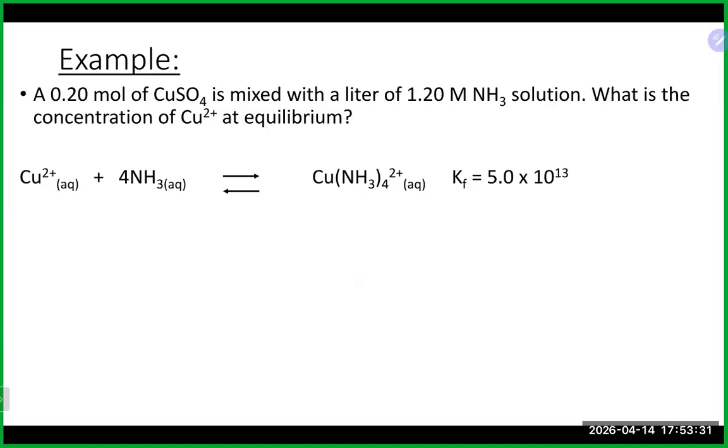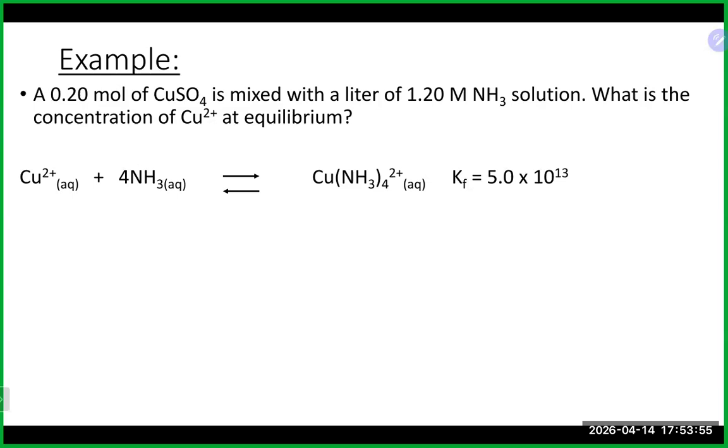All right, so let's take a look at a problem together so we can talk about some of the differences in these types of problems that we don't do in other problems. In this particular case, we're going to take 0.2 moles of copper 2 sulfate and mix it with a liter of 1.2 molar ammonia.